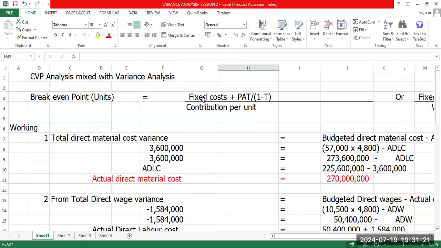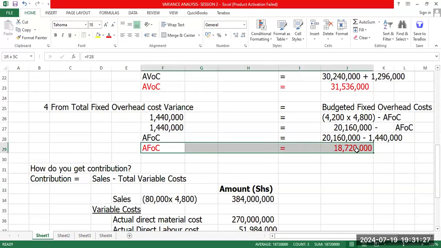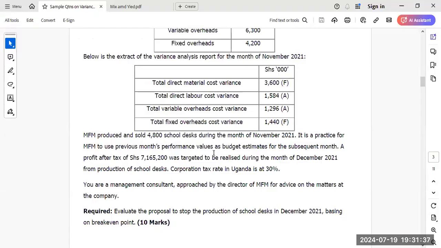We have our fixed costs already. These are the fixed costs. You have profit after tax in the question, which is this one. You have the tax rate at 30%, so you can substitute in your formula.